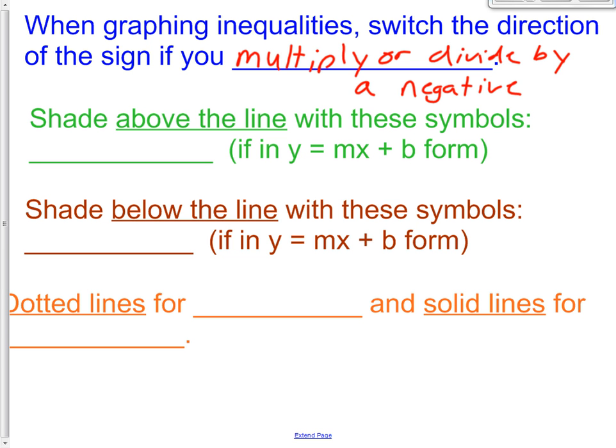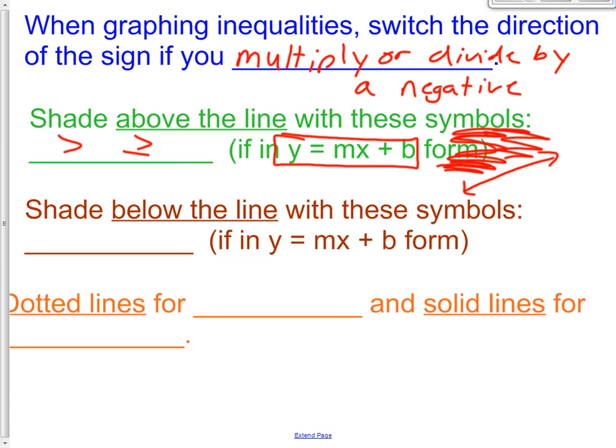Now with inequalities, we do a lot of shading. Remember, we have a line like this, and then if it's in y equals mx plus b form, we would shade above the line, so like this, if it is greater than or equal to. Either of those two signs, you would shade above the line. Remember, only if it's in y equals mx plus b form.